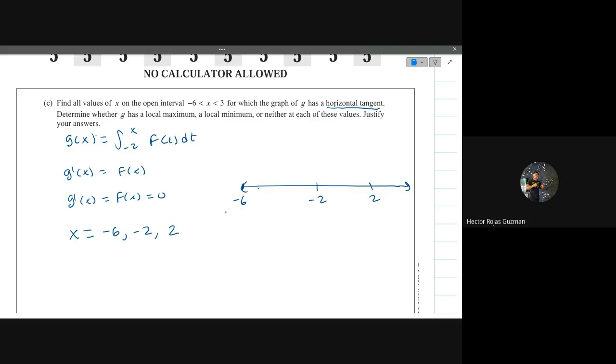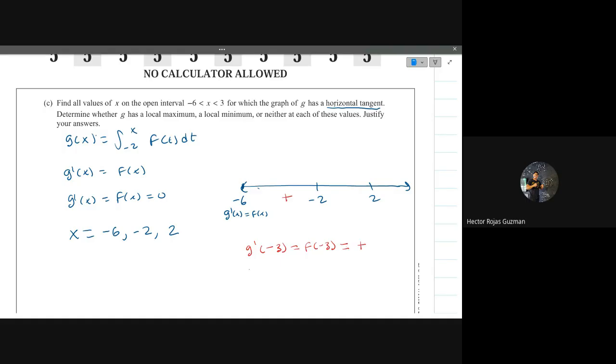And we're supposed to be plugging the numbers into the derivative, G prime, which is f of x. So G prime of, say, -3 is the same thing as finding f of -3. F of -3 is a positive number. I think it's 2, but I can't really tell, but I know it's positive for sure. So positive.